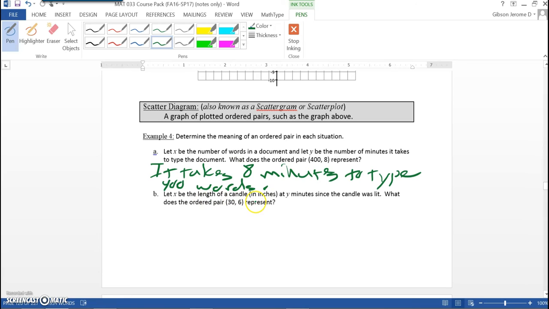Okay, B. Let X be the length of the candle and Y be the minutes since the candle was lit. What does the ordered pair (30, 6) mean? Okay, so 30 represents the inches of the candle.